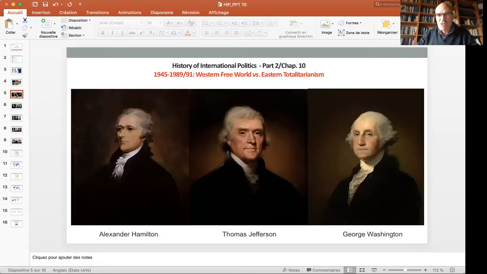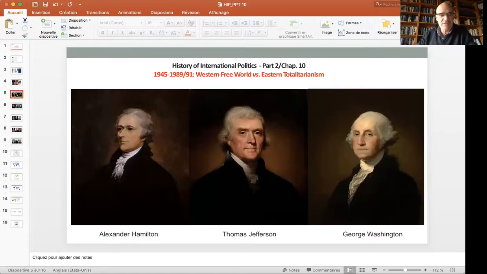So George Washington announced what would be America's foreign policy tradition throughout the 19th century: isolationism. This isolationism, of course, can be ascribed to two different reasons. It can be ascribed to, and this is what Americans somehow spontaneously do in their own presentation of their foreign policy, the logic of ethics, of morality, of identity.